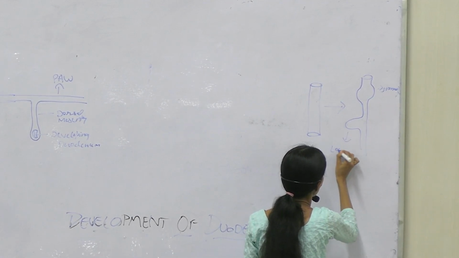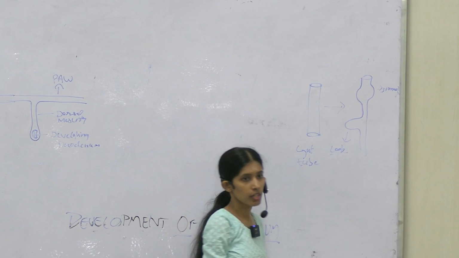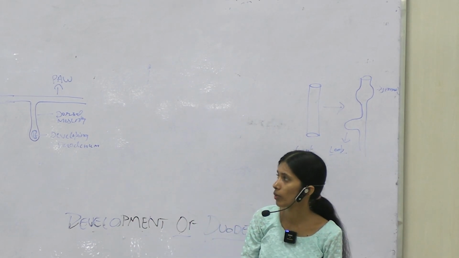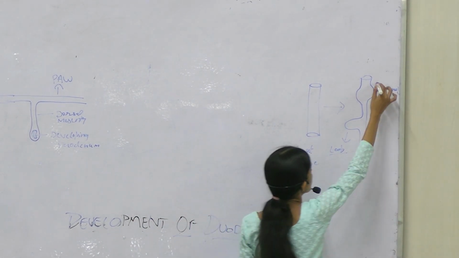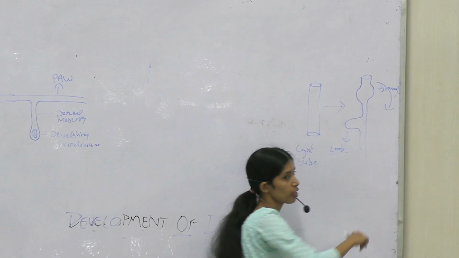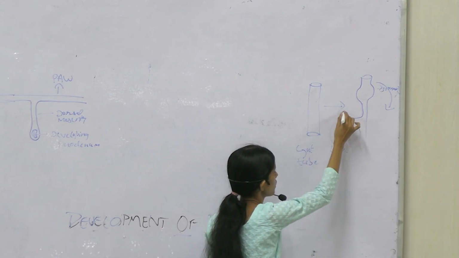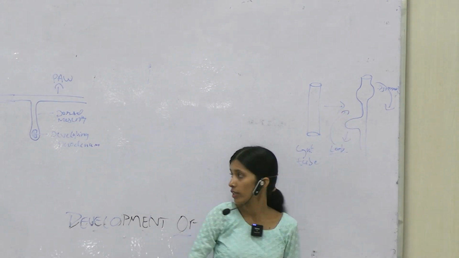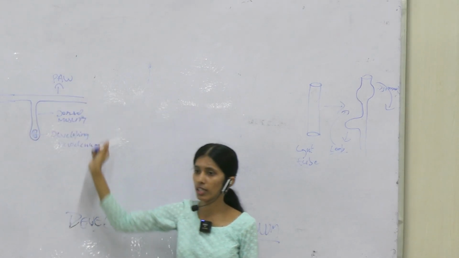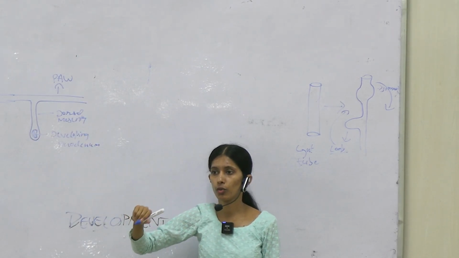This is the loop. Okay. Now your stomach will move towards the left side. This will move towards the left side, making your loop move towards the right side. Okay. This is how the section of your developing duodenum will look.